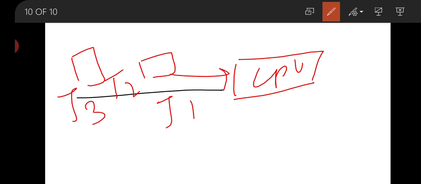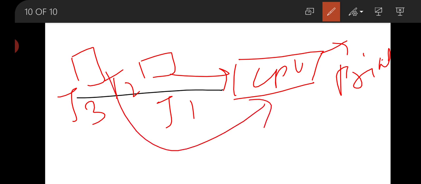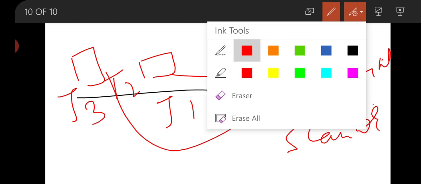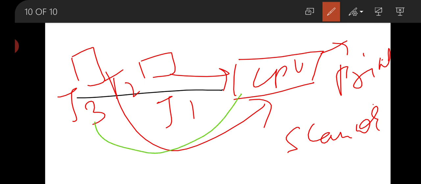Now when J1 is processed and occupies a resource like the printer, and J2 is also going to process and J2 is working on the scanner. Now in this case, suppose that J3 is also going to process and requires the printer.